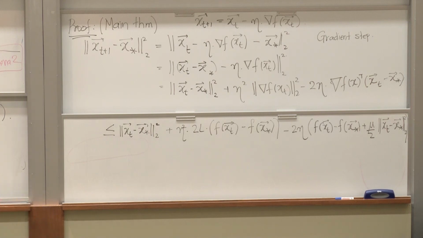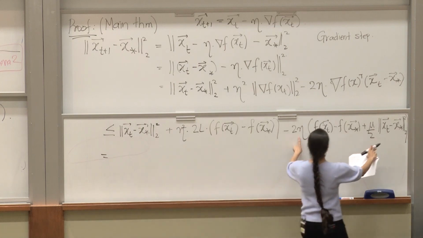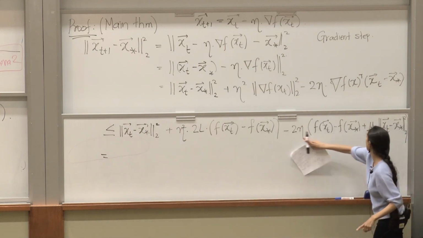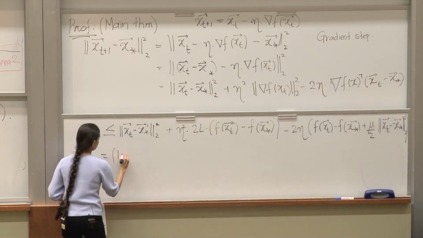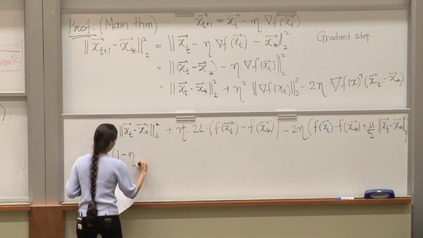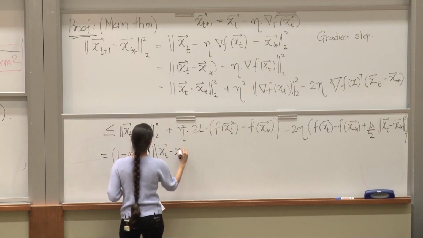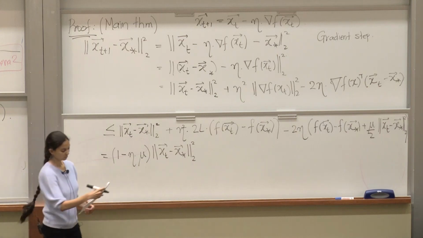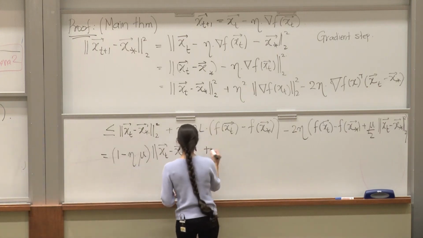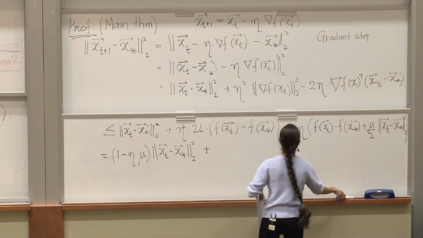Okay. So rearranging, we have this term here, and there's also this same thing here. And you have this 2 eta times mu over 2. So I get basically 1 minus eta mu times xt minus x star squared. And then plus, I'm going to collect all of the coefficients of this term here.